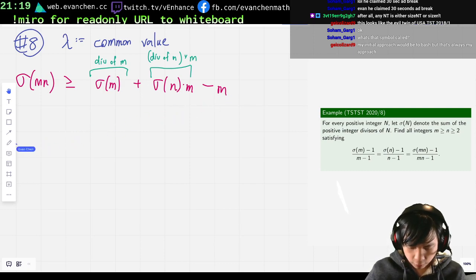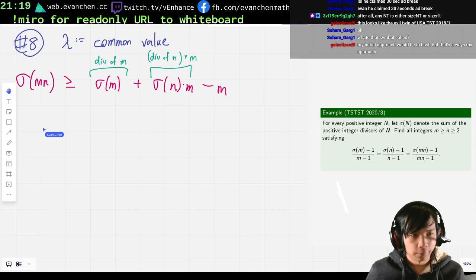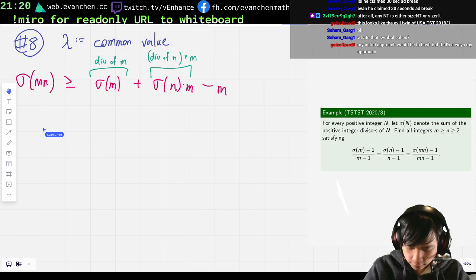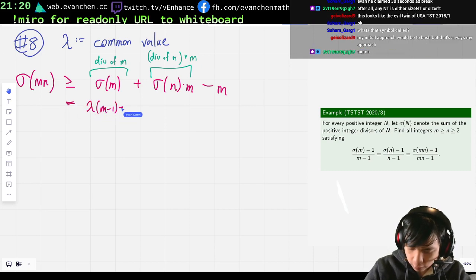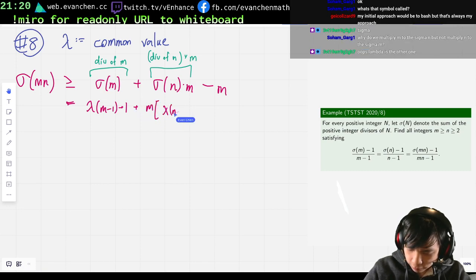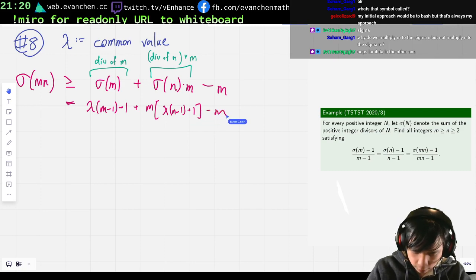And now, well, okay. I can write out what it should be equal to in terms of lambda. This is equal to lambda times m minus 1 plus 1 plus m times lambda of n minus 1 plus 1 minus m. Sorry, that's a typo.